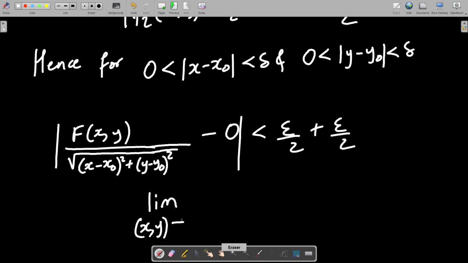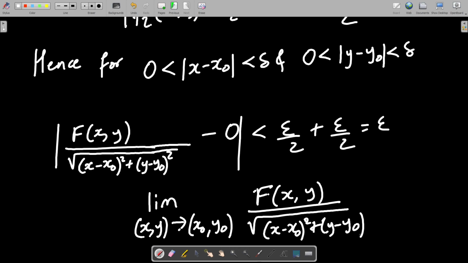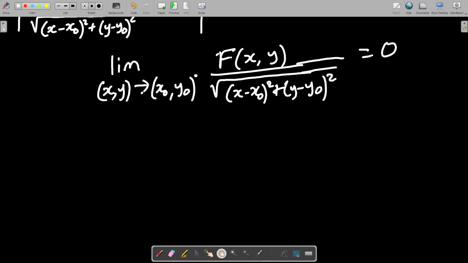Why I did it? So that I can claim that of this expression, this is equal to epsilon. This is equal to 0. And what happens if this particular limit is equal to 0? We have defined capital F to be the numerator of that definition.